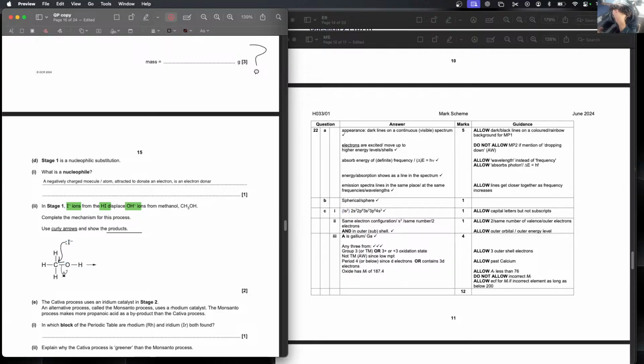This will break and the oxygen will take. Will it only take 1 electron actually? Yeah, my bad.